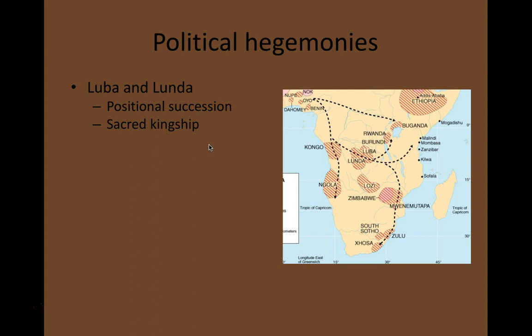When the king of Luba died, not only did he become a deity, but his home village would then erect a shrine that would become one of the more important religious centers. So they worshipped their former kings and really felt that the kingship was perpetual.